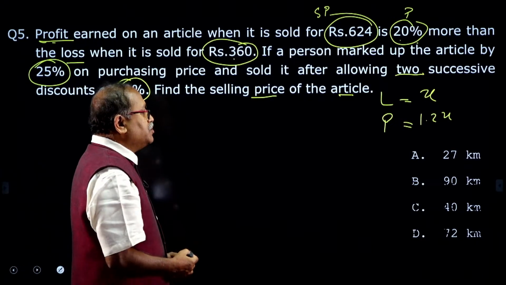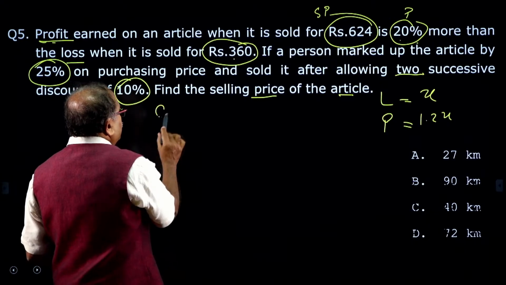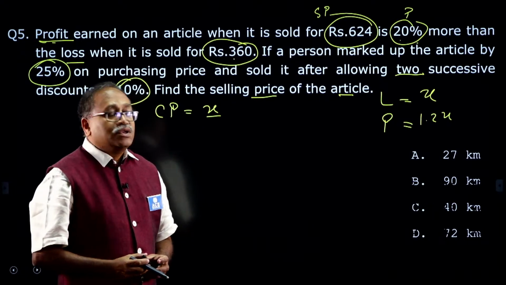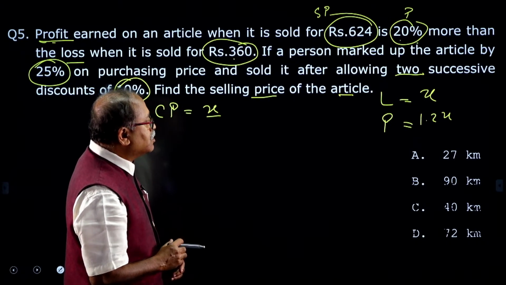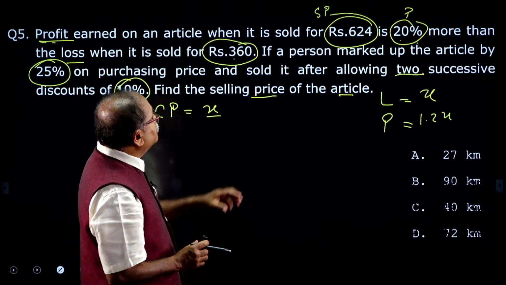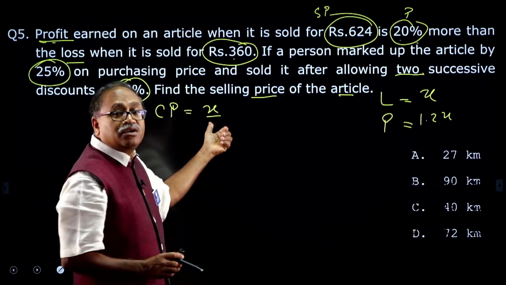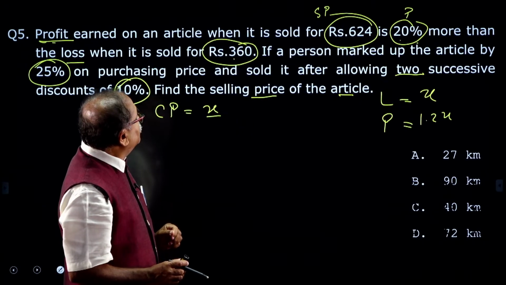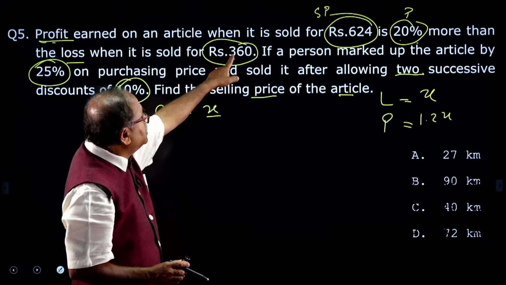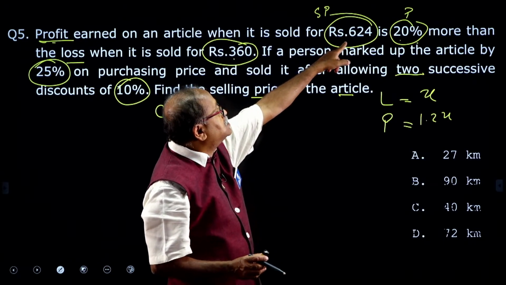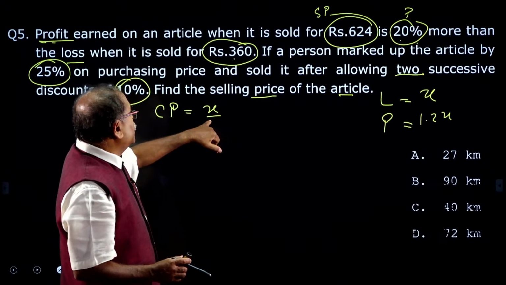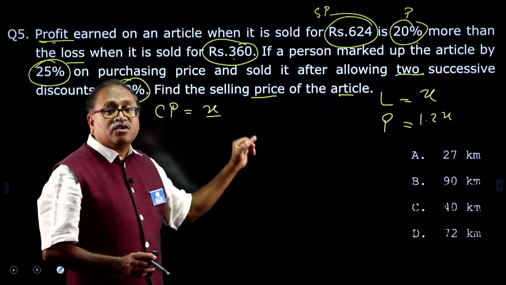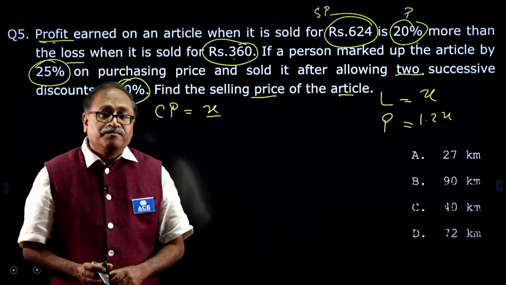Come on, I am sure you will be able to do it. I will assume that the cost price is equal to x. If the cost price is equal to x, then from this selling price, if you take out the cost price, you will be getting profit.